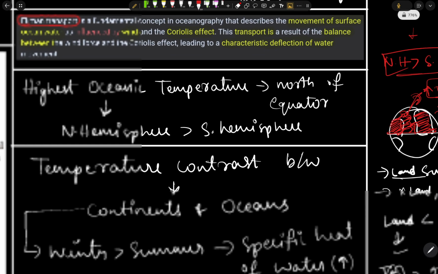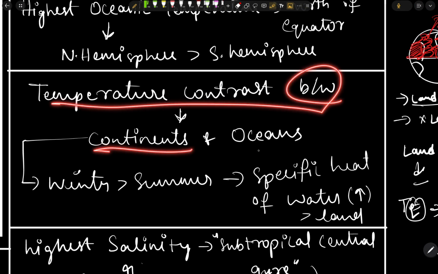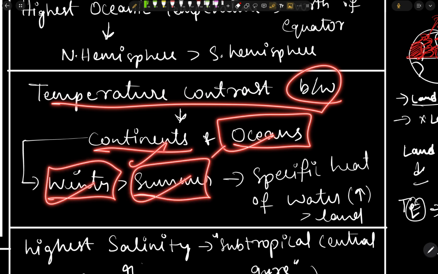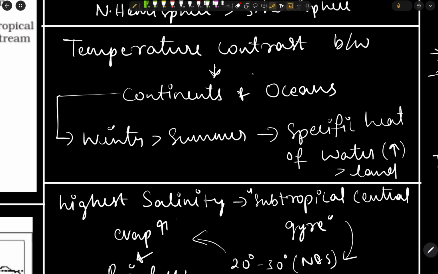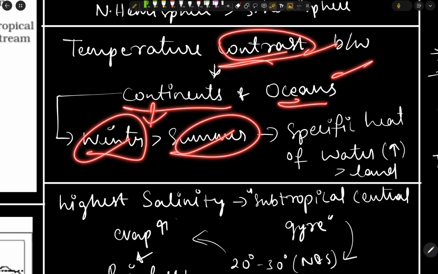And the next thing is that the temperature contrast between continents and oceans is greater during winter compared to summer. The temperature contrast is nothing but the temperature difference between continents and ocean. This is because during the summer season there is high insolation.